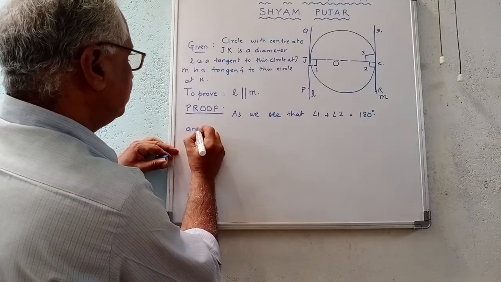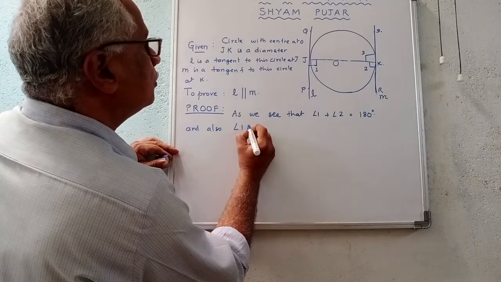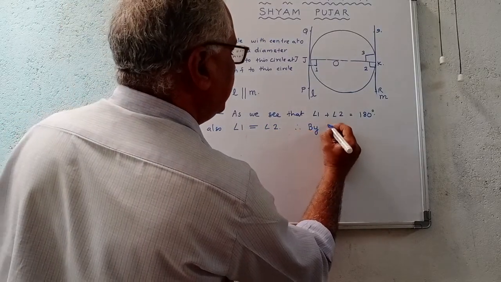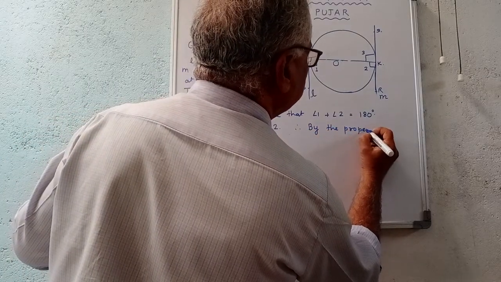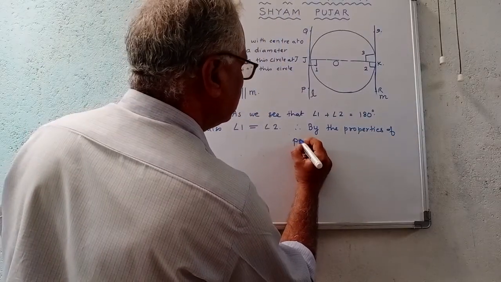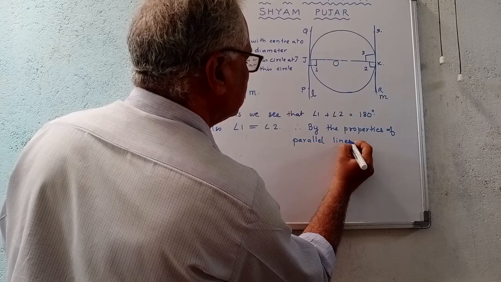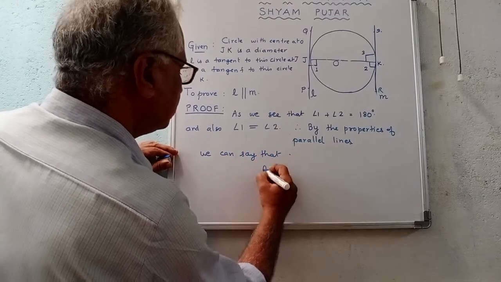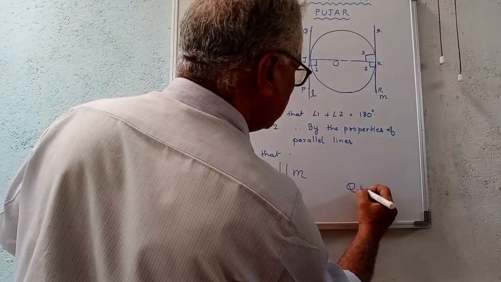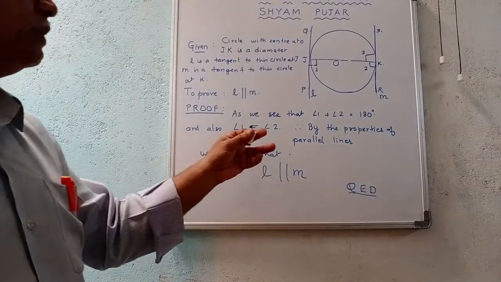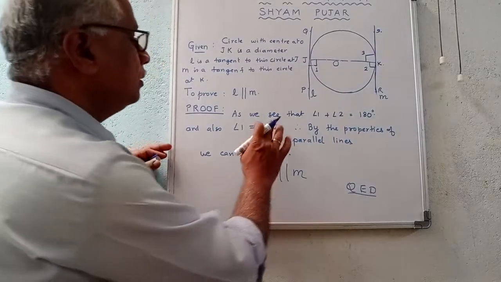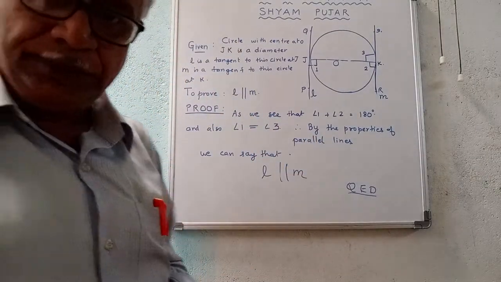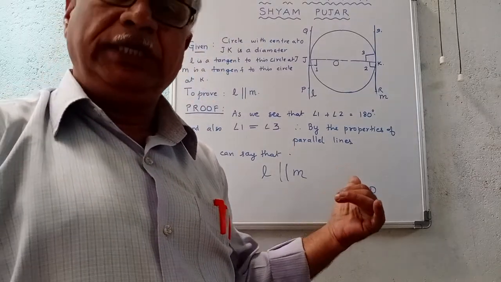And also by the property of parallel lines, we say that, hence by the property of the parallel lines, we can say that the two lines are parallel to each other.